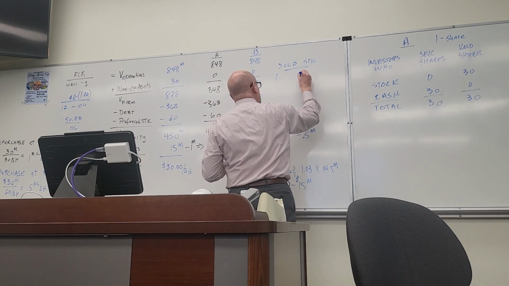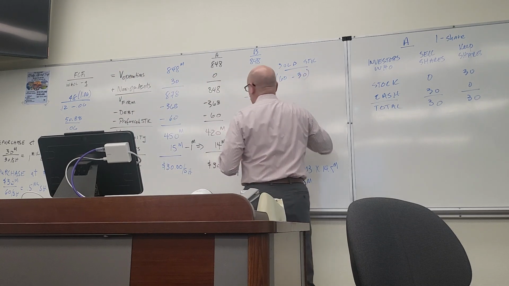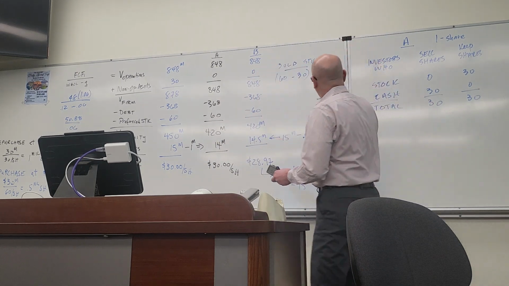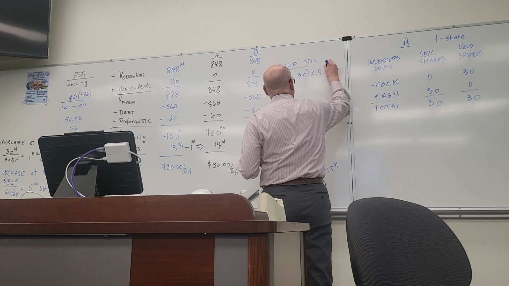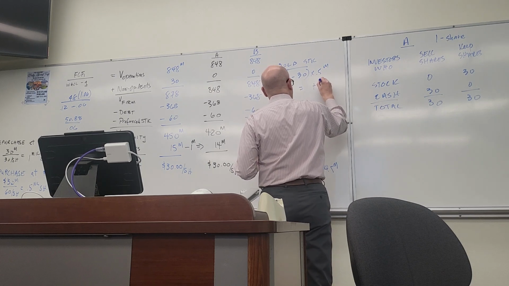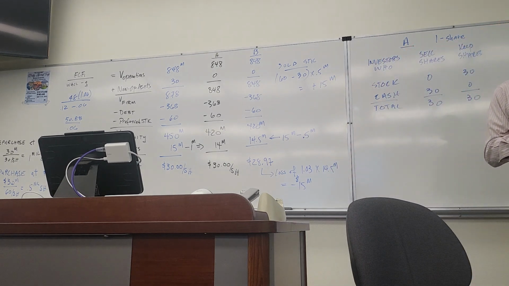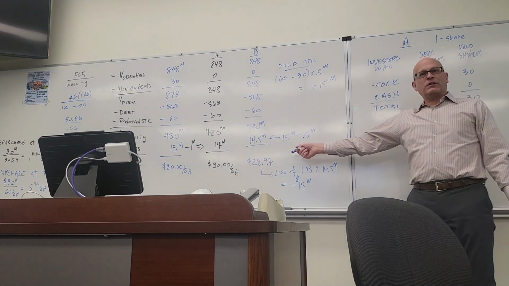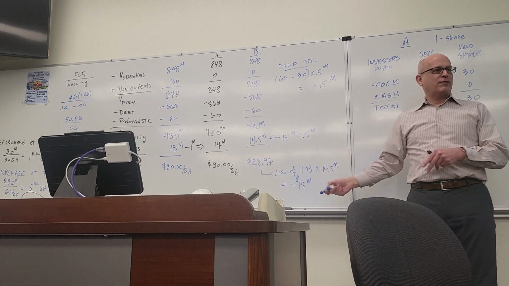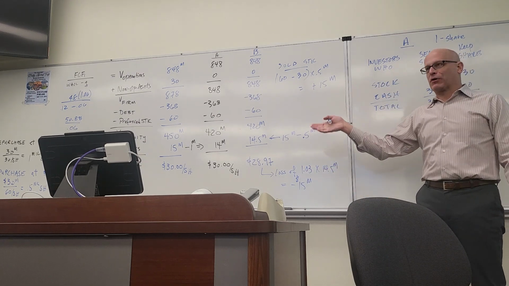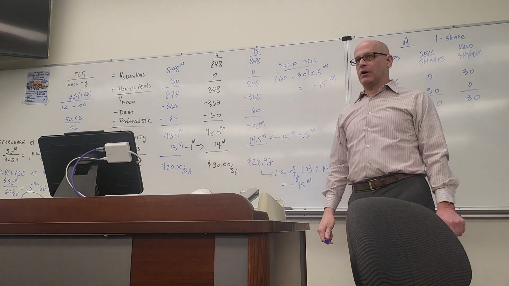The stock was at 30, but I paid you 60 for it, so you made $30 a share profit on 500,000 shares. That is a $15 million gain. There we go. So those who didn't sell their stock are worse off collectively by $15 million, and those who sold their stock are better off collectively by $15 million.